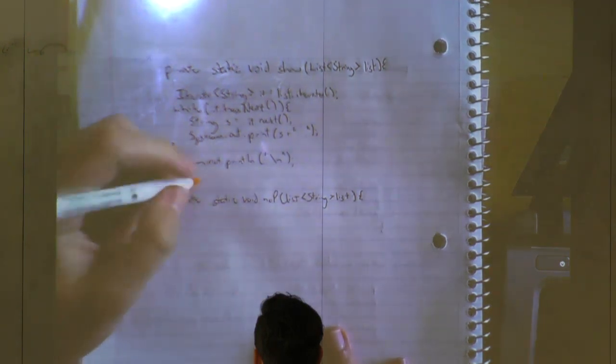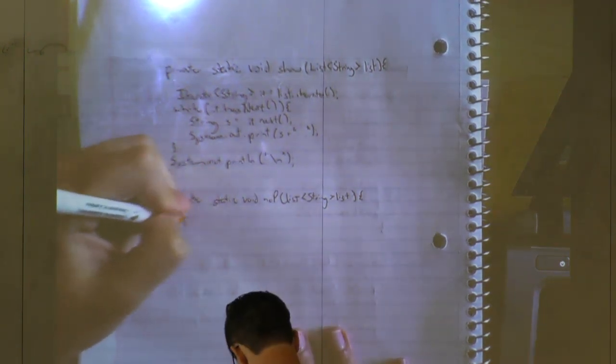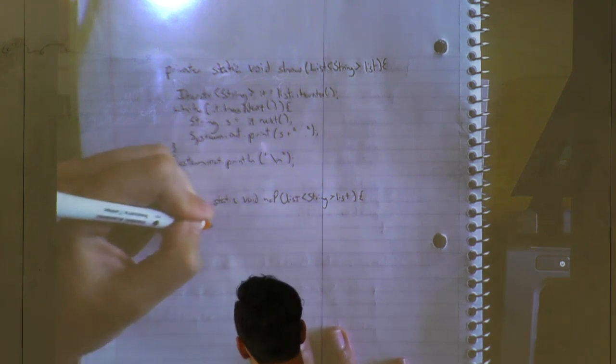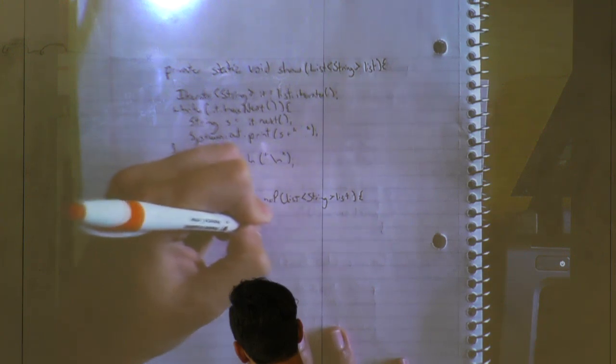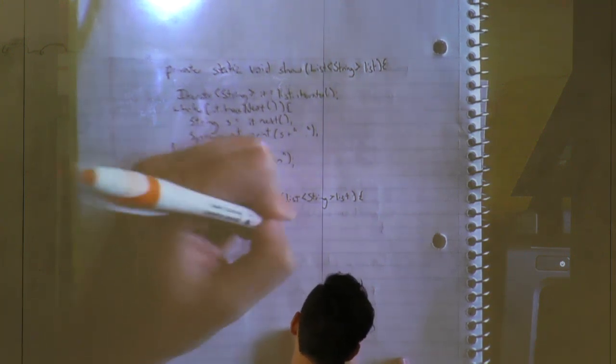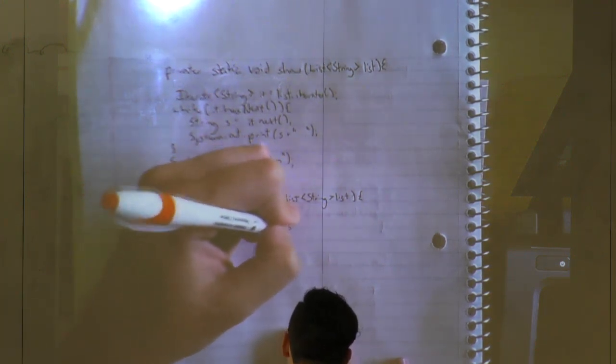noP method, which once again creates a list-specific iterator.